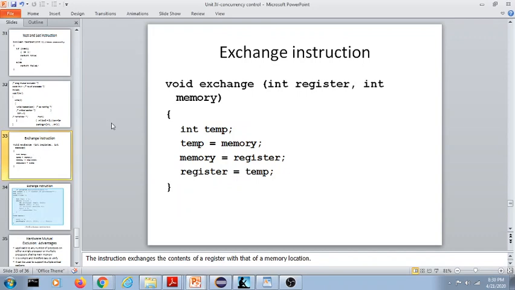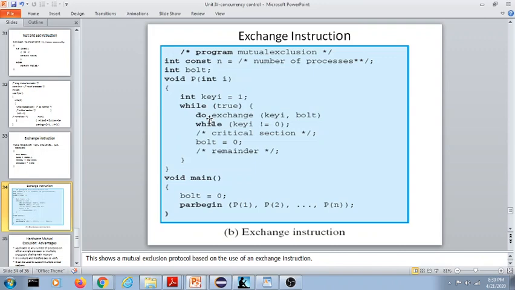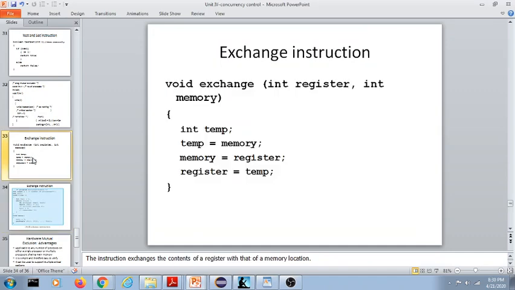The test and set instruction as well as this exchange instruction are kind of atomic instructions. Atomic means they are indivisible. Indivisible means whenever you write exchange, for example, in this particular code, exchange is written as an instruction. Whatever is behind that exchange instruction, this complete subroutine is going to get executed in a single instruction cycle, and no one can divide the execution of all these instructions.